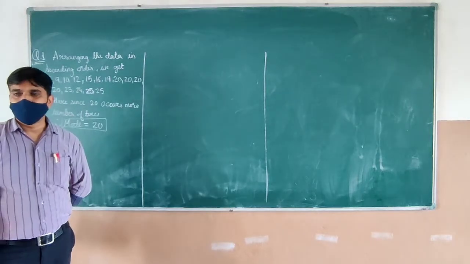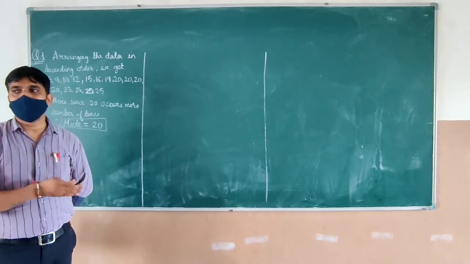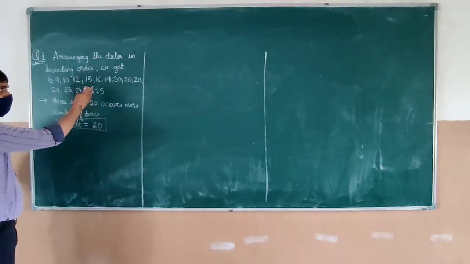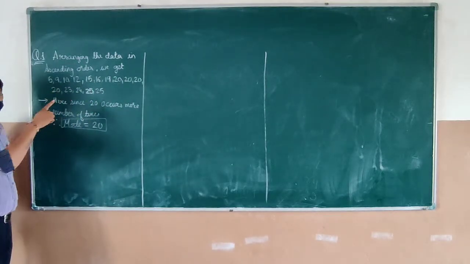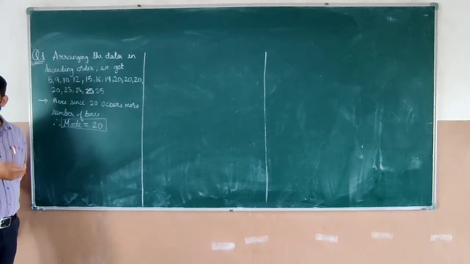For median also, what do we do? We arrange in ascending order. Already we have done that. Now count how many numbers there were. 15 numbers, and 15 is odd.